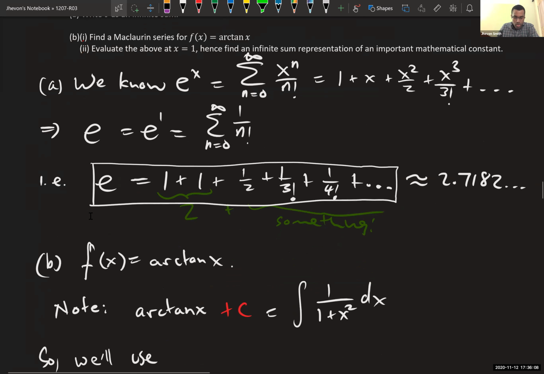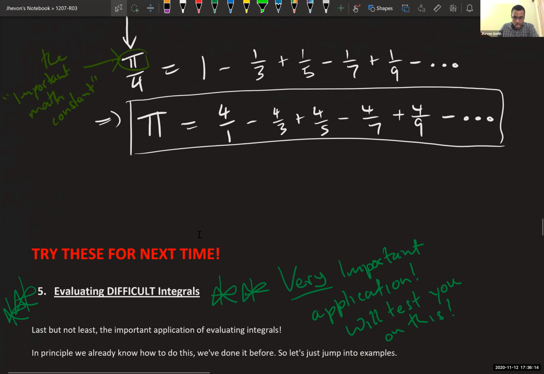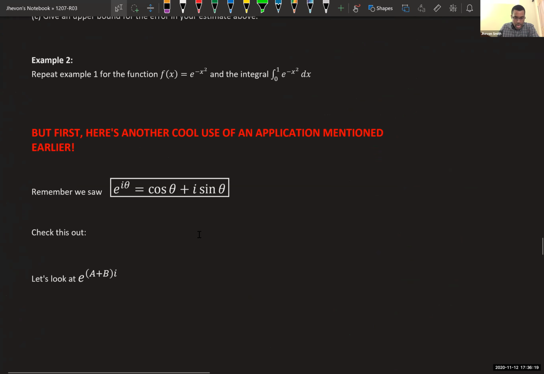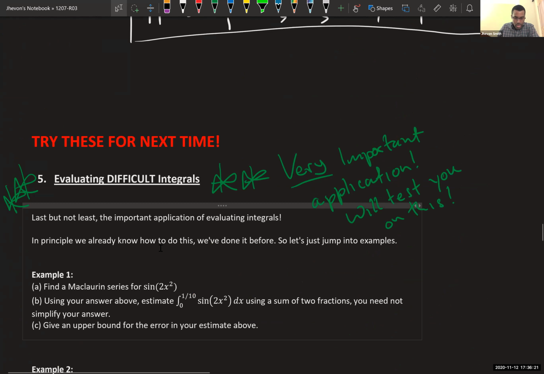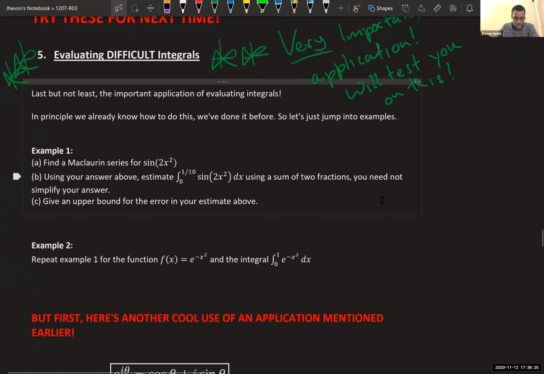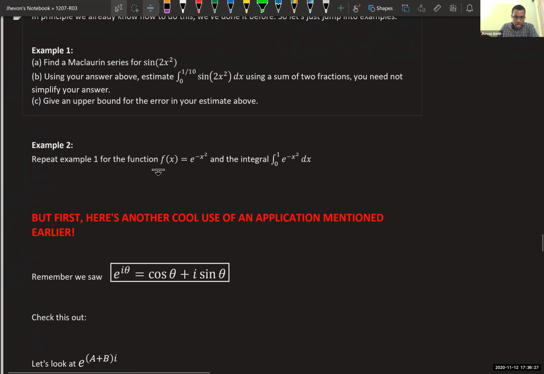Also kind of ran over how we can represent certain constants as infinite series, and that might be really important for proving certain things. And I asked you to try these, so hopefully you did that. And we are pretty much going to start there.